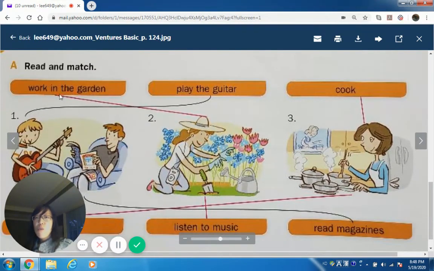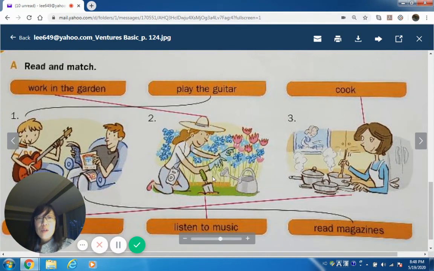So number 2, practice, read and match. Number 1, work in the garden. So what is that picture? Number 2, she's working in the garden. She has a wide brimmed hat. Looks like maybe a cell phone. Maybe she's also listening to music while she's gardening.